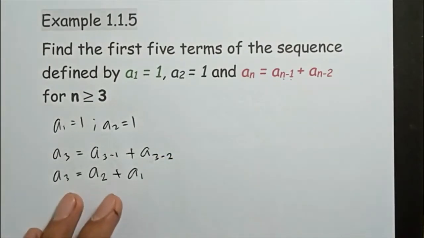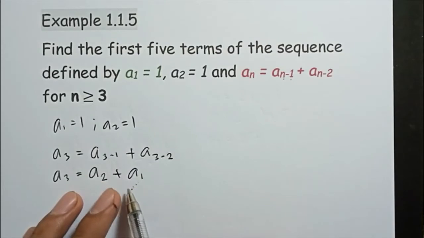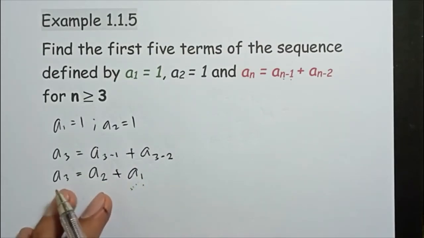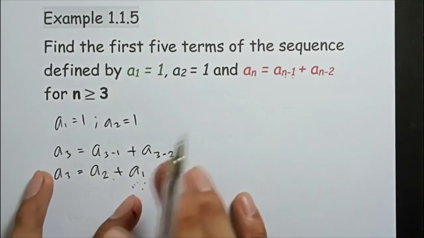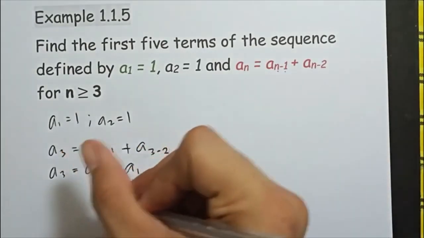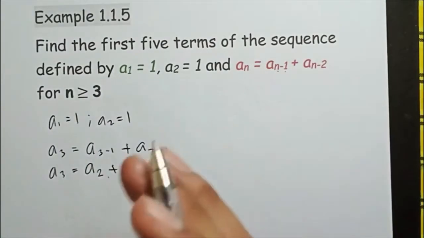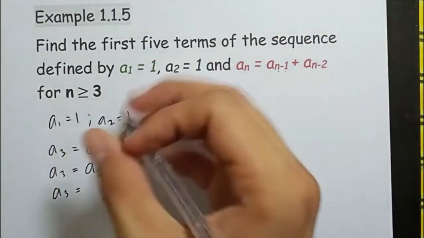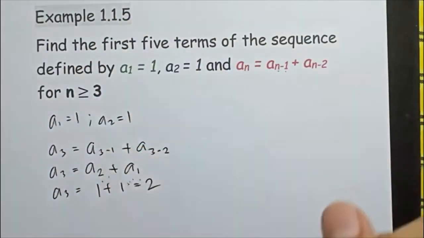Yung a sub 3 is equal dun sa sum ng naunang dalawang term sa kanya, which is yung a sub 2 at a sub 1. So, yung third term is equal sa sum ni second at ni first term. Ganun lang. E di si fourth term ay equal sa sum ni third at ni second term. Tama? Solve natin. A sub 3 equal, ano bang a sub 2 natin? 1. Plus a sub 1 natin is 1. So, sagot dito is 2.